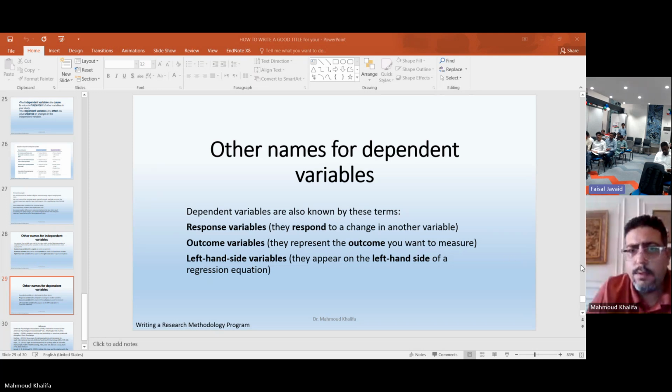Mehmood, we cannot see your slides, please. If you change the slides, please. Now it's okay? No, not yet. The relevant slide, please change the slides. I already changed it. No, this is under names of dependent variables.